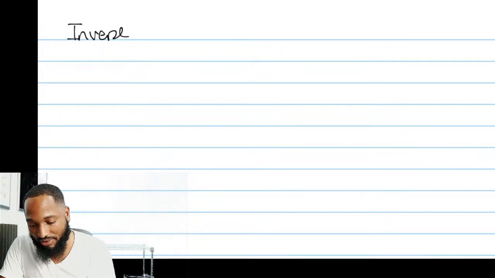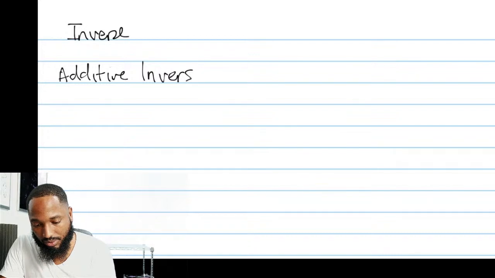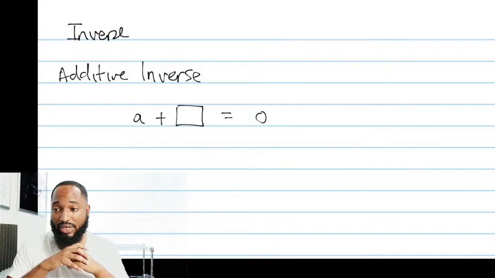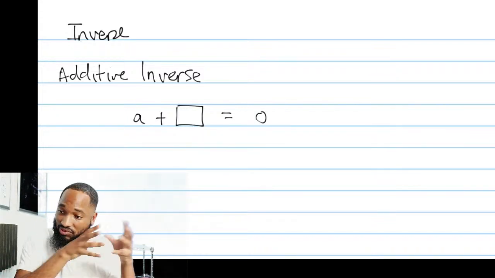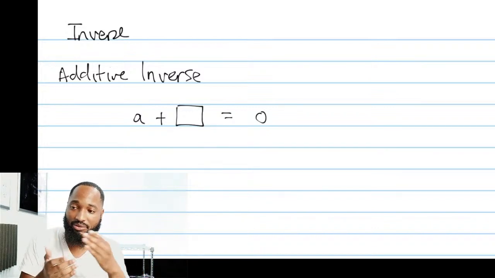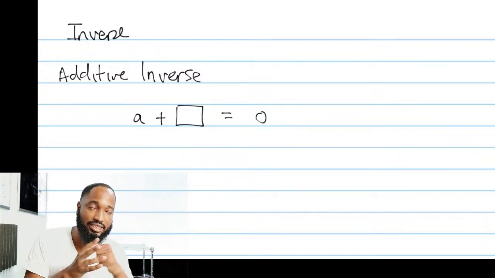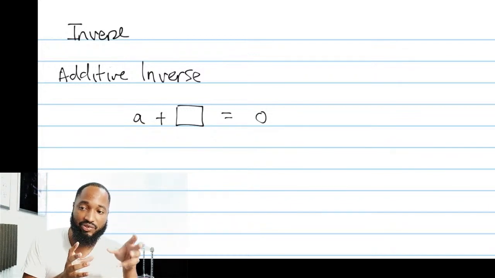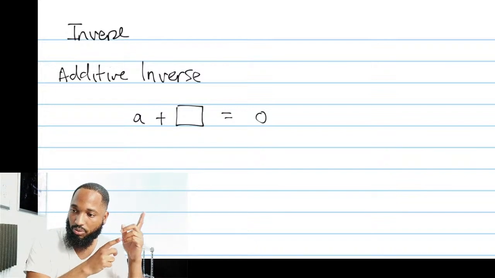In other words, in the additive inverse section here, we have the same A, and we're going to add on the inverse to bring forth the identity. What is the identity? 0. So what can we add on there to give 0? You understand what I'm saying? So the inverse gives you the identity. When you perform the operation using the inverse, out pops the identity.